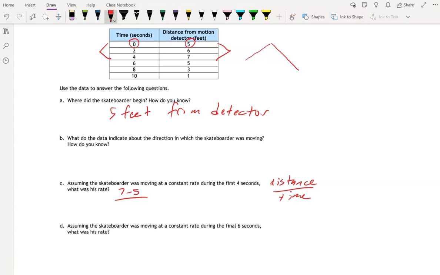And then the time is 4 minus 0, in feet and seconds. 7 minus 5 is 2 feet, and 4 minus 0 is 4 seconds. So 2 feet in 4 seconds. Let's simplify that. That would be 1 over 2, or 1/2 of a foot per second.